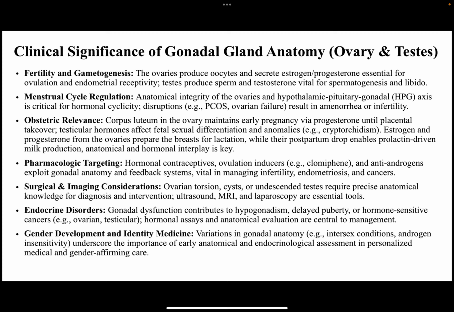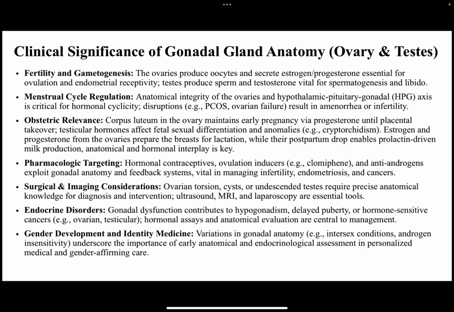Okay, we have surgical and imaging consideration. So if someone comes with a problem relating to fertility or amenorrhea, we may do certain imaging and request certain diagnostic investigations. If you're a health professional, your understanding of gonadal gland anatomy can help you.